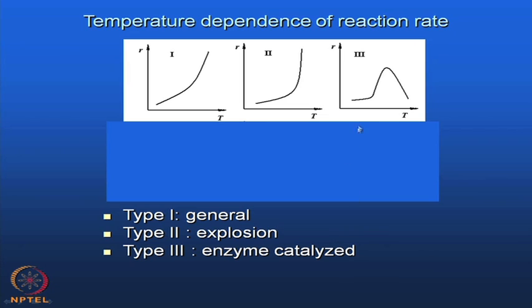For enzyme catalyzed reactions, as you increase the temperature you see not much change in reaction rate up to a point, and then it goes up, reaches a maximum, and then again reduces. It is a kind of bell shaped curve, or maybe an inverted parabola.